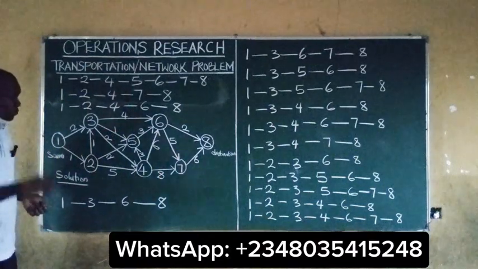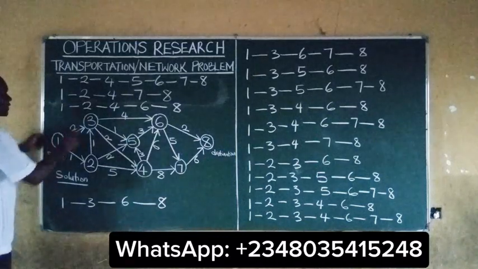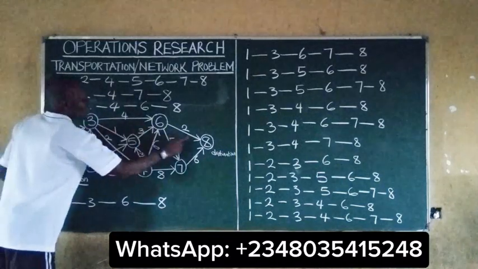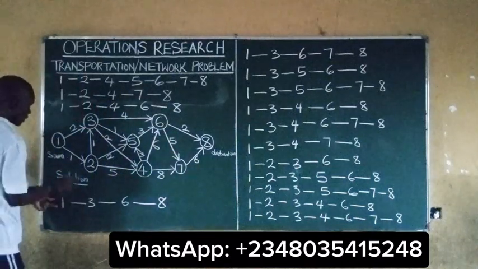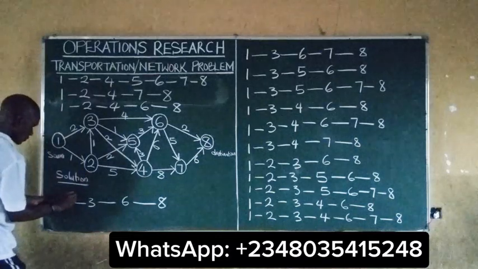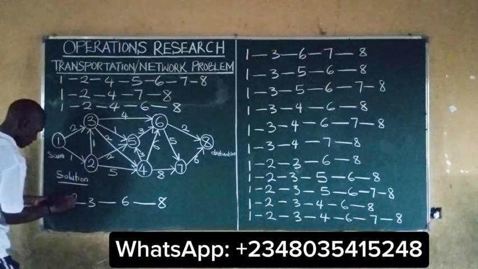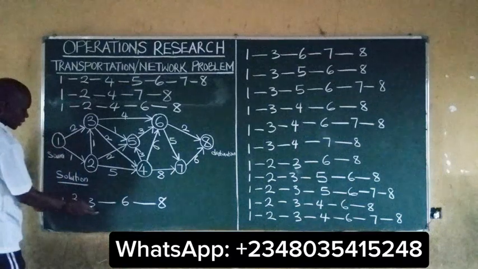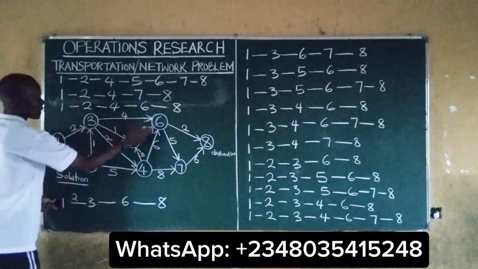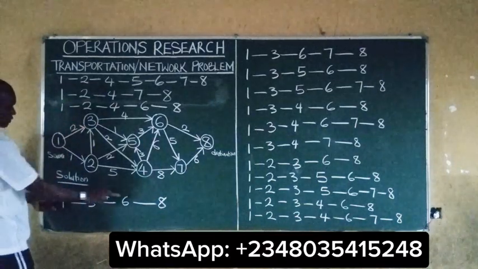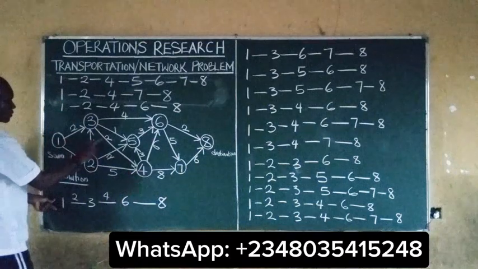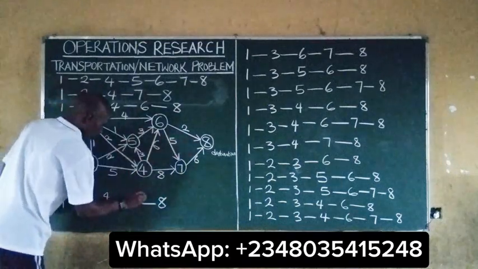The next thing to do is to take the distance within the network route. From 1 to 3, we have 2 kilometers. 3 to 6, we have 4 kilometers. 6 to 8, we have 2 kilometers.